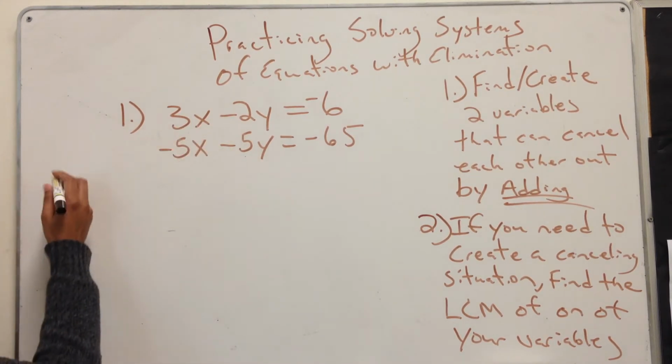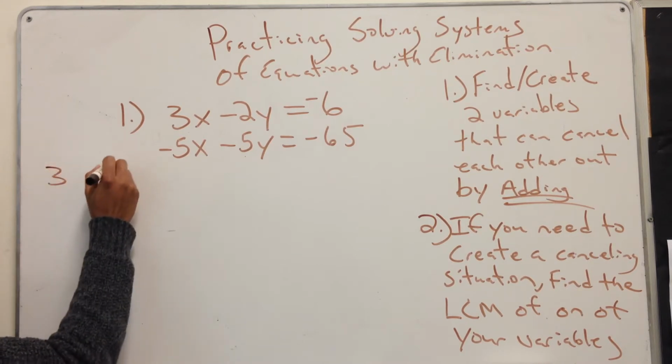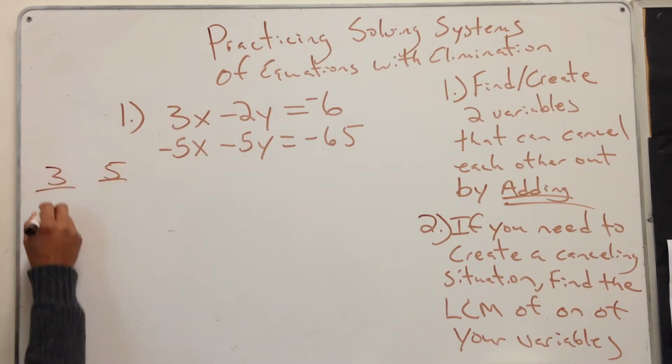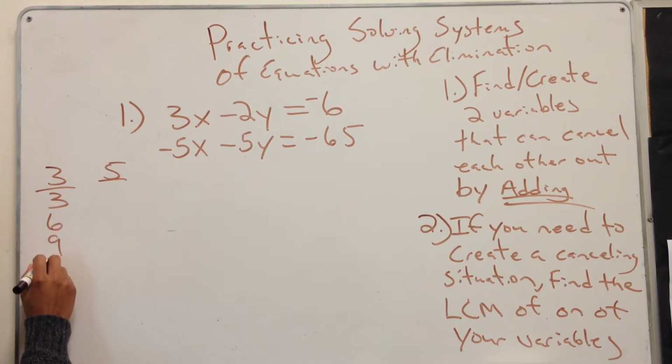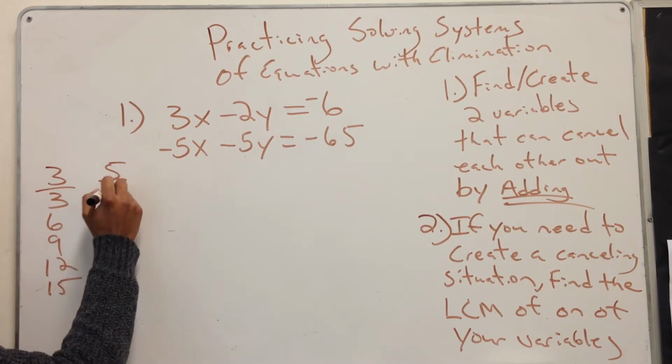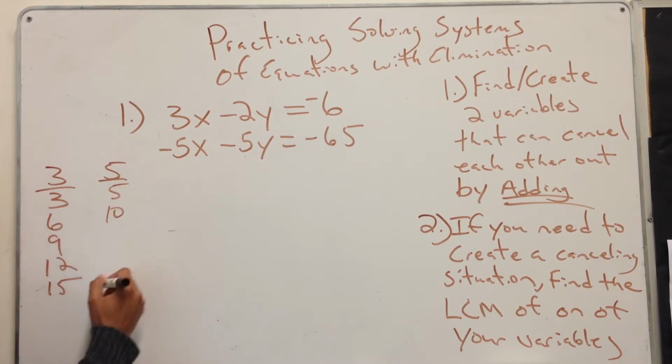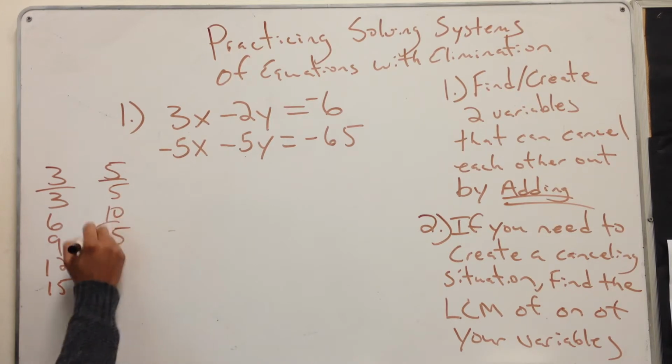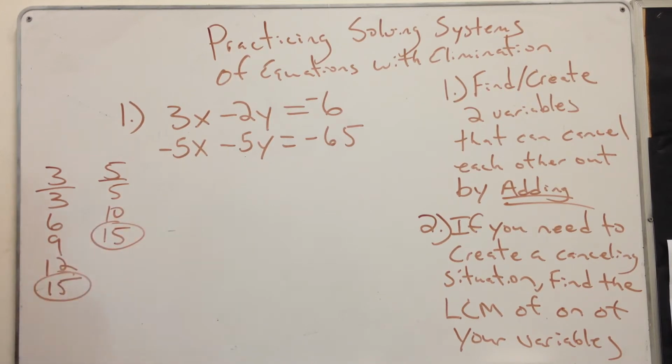So the least common multiple of this, let's see, if I start counting by 3s and I start counting by 5s. 3 times 1 is 3, 3 times 2 is 6, 3 times 3 is 9, 3 times 4 is 12, 3 times 5 is 15, 5 times 1 is 5, 5 times 2 is 10, 5 times 3 is 15. Boom. Least common multiple.